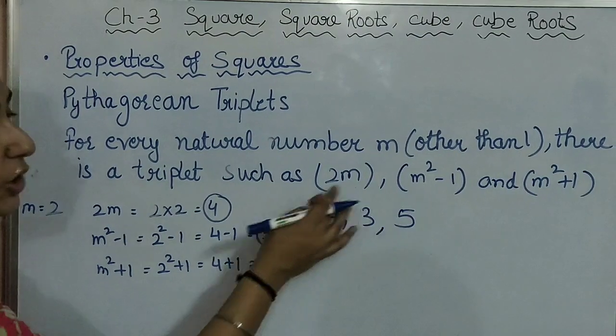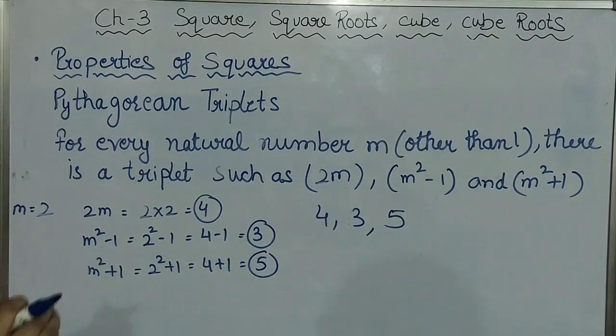When we get the 3 Pythagorean triplet numbers, it gives us an equation.